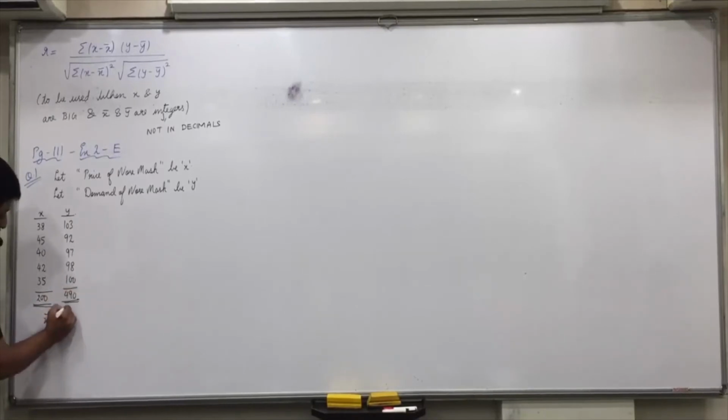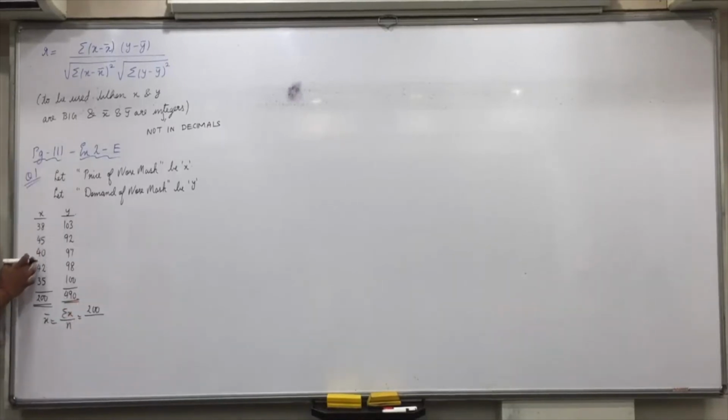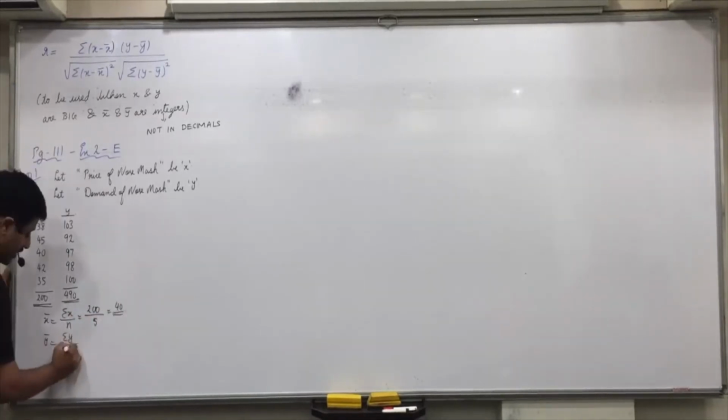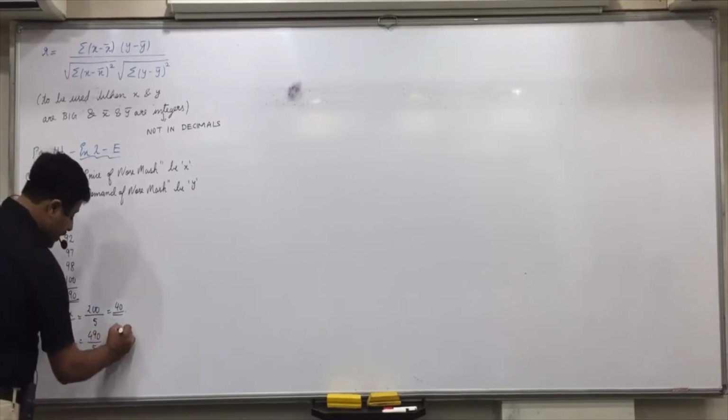X bar is equal to sigma x upon n. Sigma x is 200 upon 5, as 5 observations are there. 200 upon 5 is 40, and y bar is sigma y upon n, 490 divided by 5, and that is 98.